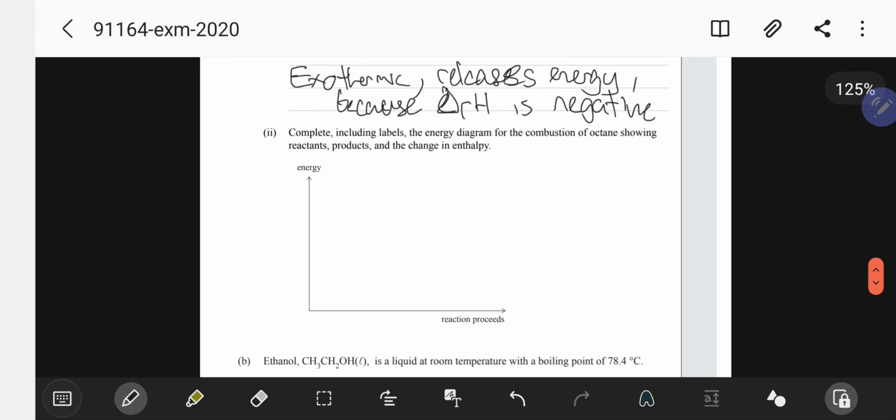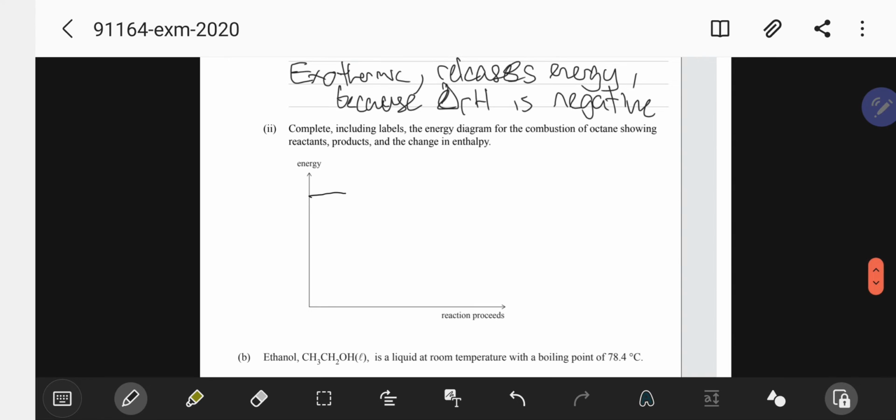Complete, including labels, the energy diagram. So since it's negative, our reactants are going to be at the top. Our enthalpy change is going down, and then our products are going to be under the reactants.